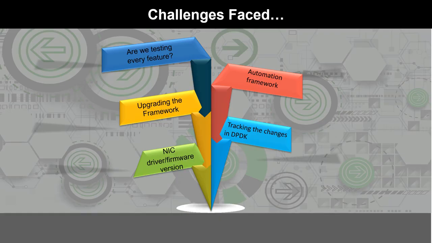DPDK undergoes changes frequently. One key change that recently happened, for example, was deprecating make and using the Meson build system for compiling DPDK. This has to be accommodated in our automation framework, and that involved significant work in changing the framework to use Meson to build both DPDK and then OVS.